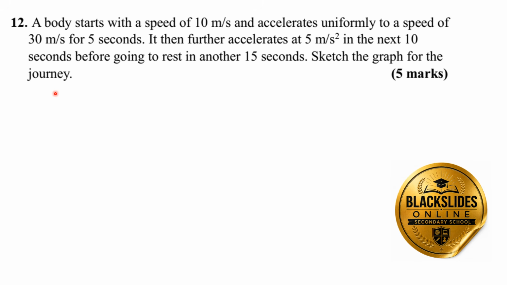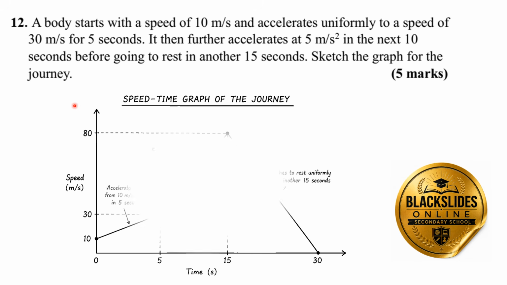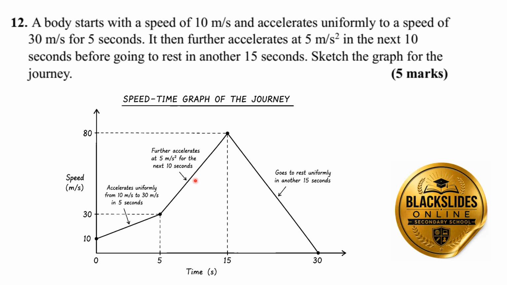Right, so for this kind of issue, the sketch that is being sought is this one here. The body starts with a velocity or speed of 10 meters per second. It starts from here, and then accelerates uniformly to a speed of 30. We know that this is uniform acceleration, a straight line to 30 over here in 5 seconds. Then it further accelerates at 5 meters per second squared.